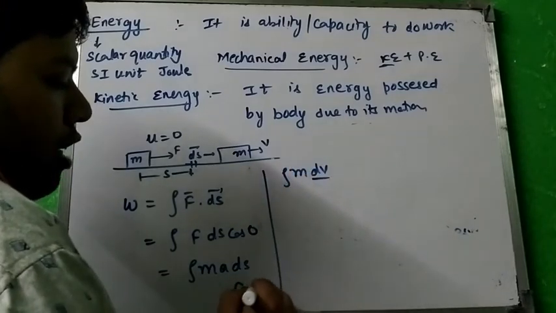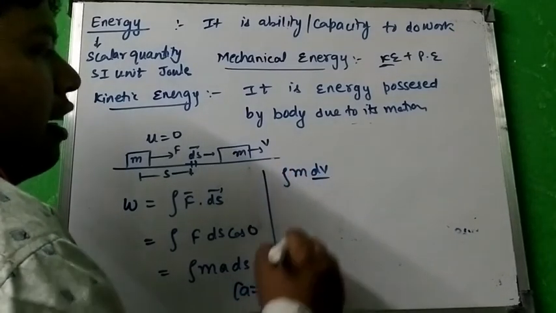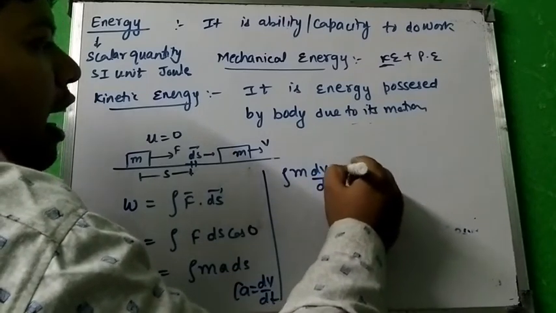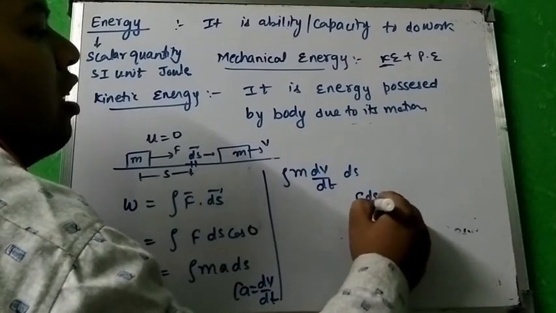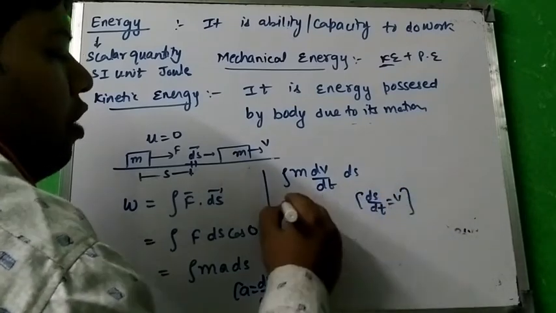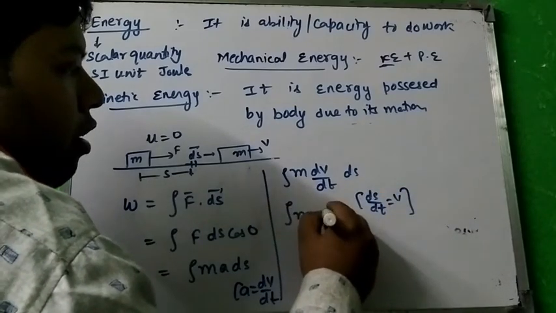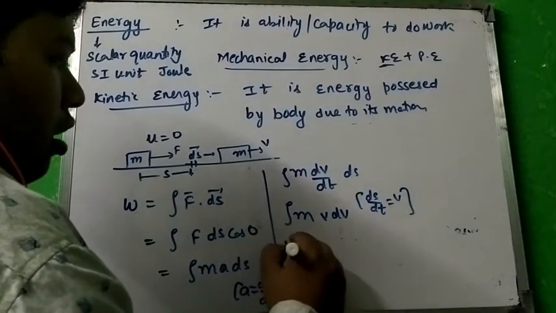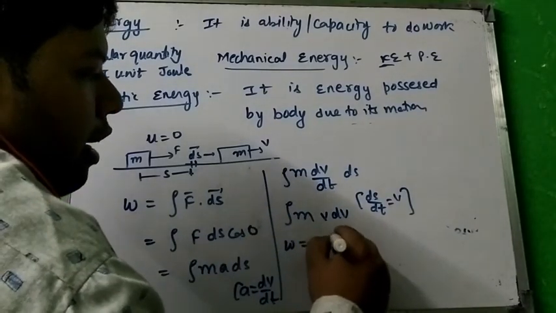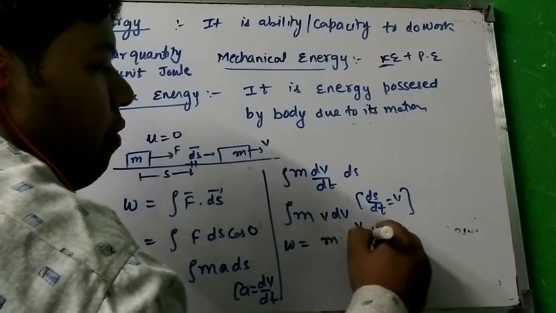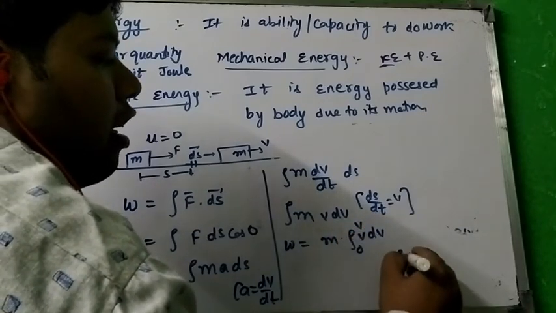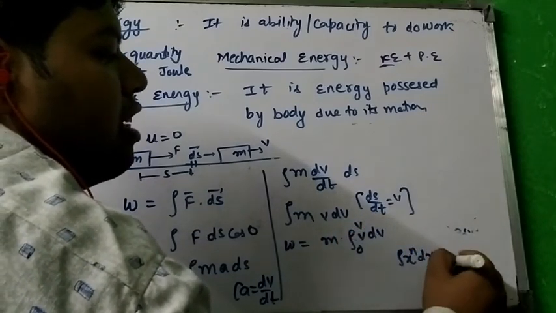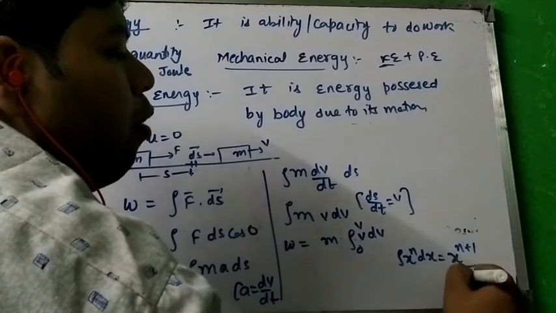A can be written as dv by dt. All of you know a is equal to dv by dt, and ds by dt is your v. So it will become m v dv. Taking m common, work done is m times the integral of v dv from 0 to v. Integral of x raised to power n dx is x raised to power n plus 1 upon n plus 1.